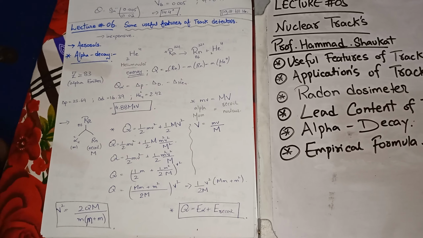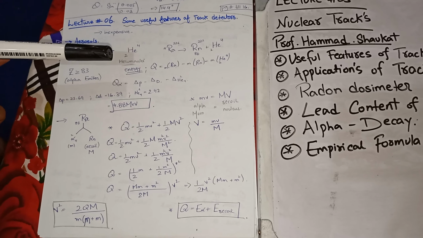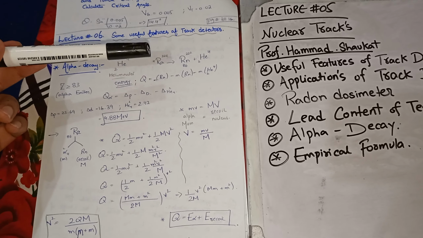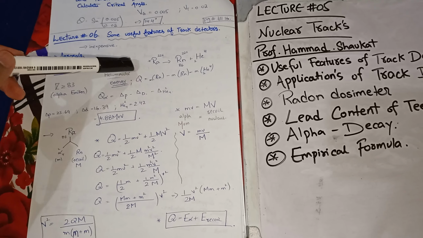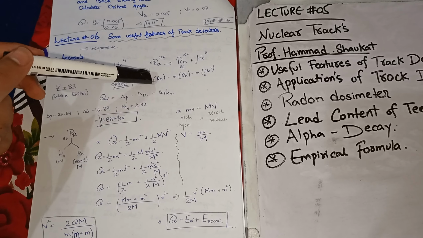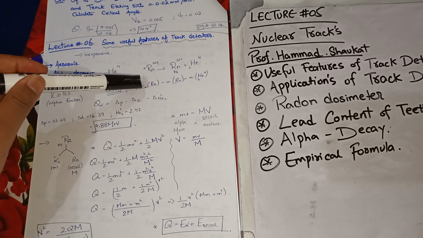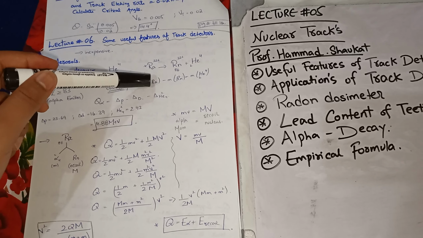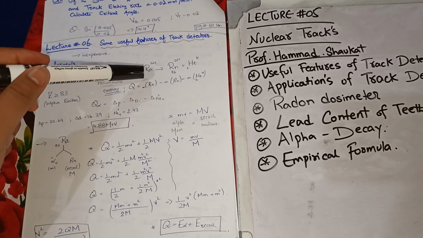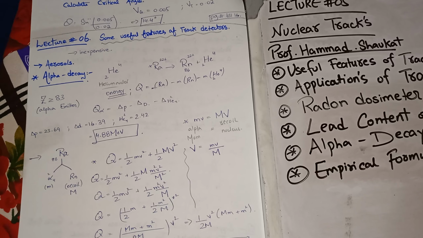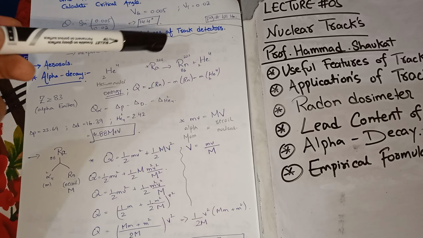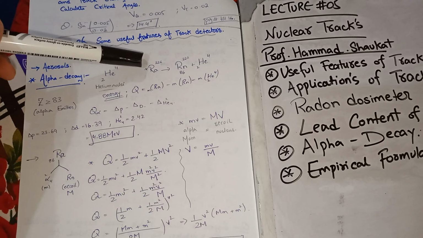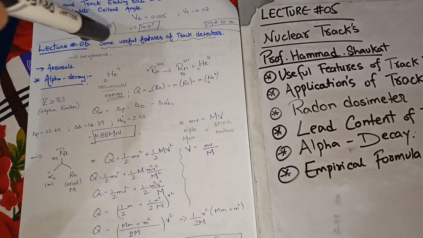So how can you find the energy of the alpha particle? You have to subtract the masses in AMU; the masses must be given. Mass of radon minus the mass of, but not this, this is radium, sorry, my mistake.